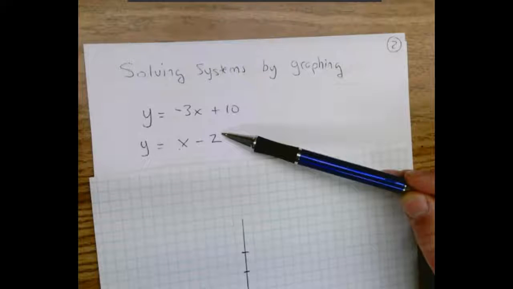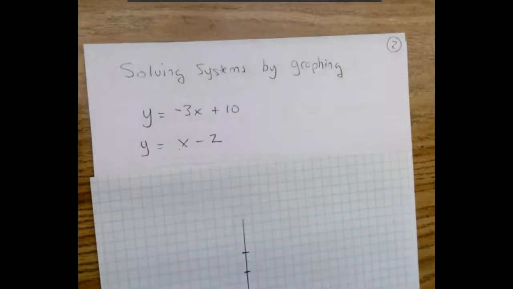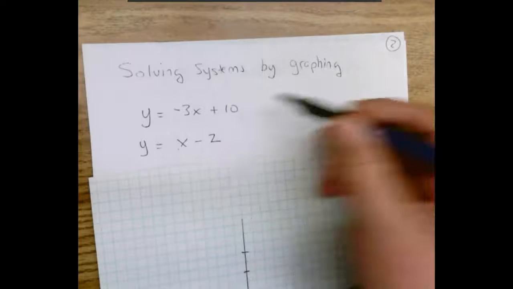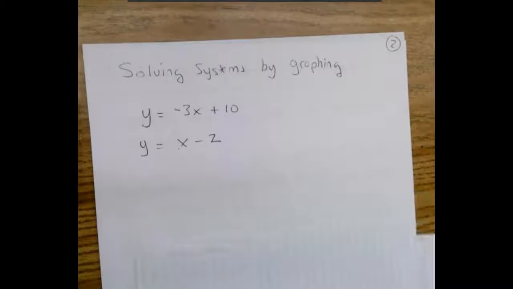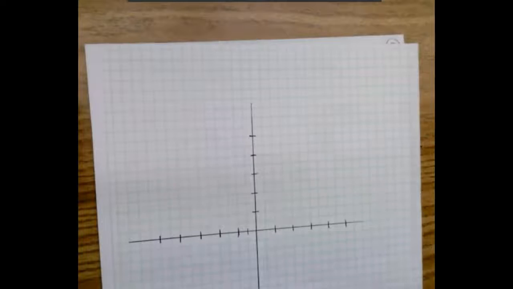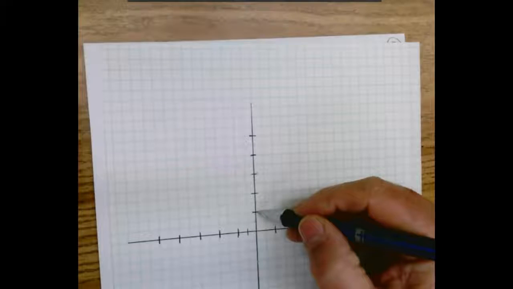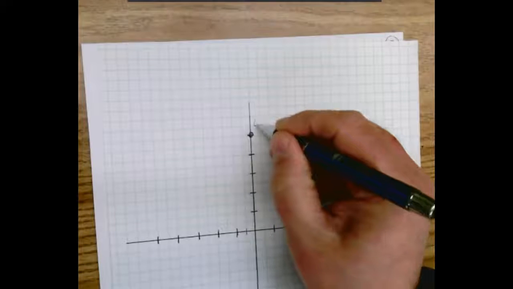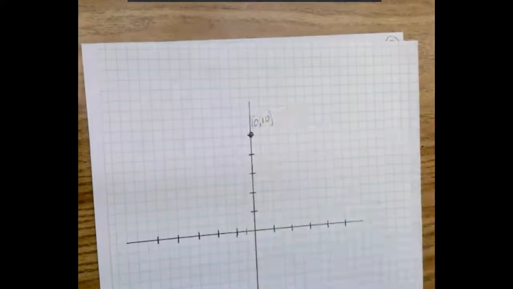We'll do that really quick and then see where they end up. So for this one, the y-intercept is 10, which means the point (0, 10). On this graph each square is 2, so 2, 4, 6, 8, 10. That's our (0, 10) right there. That's one of our points.